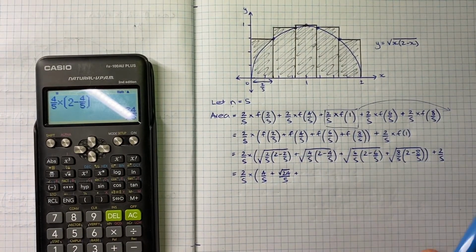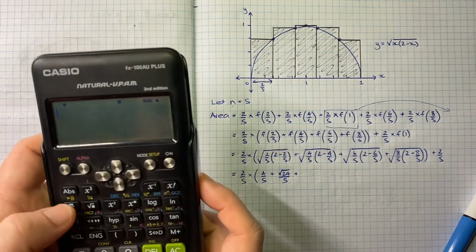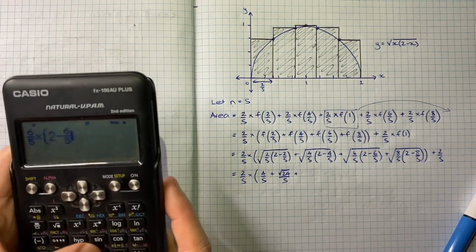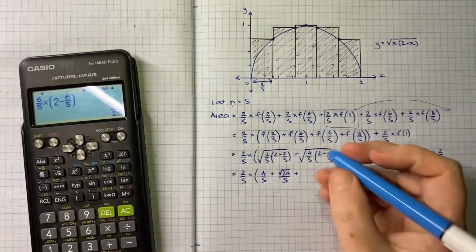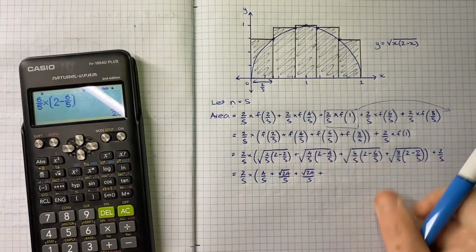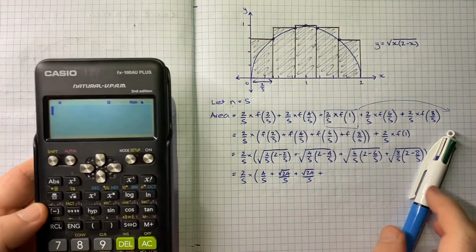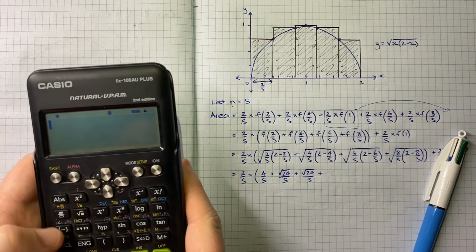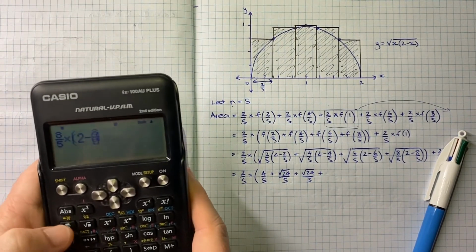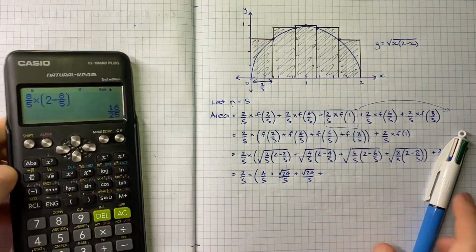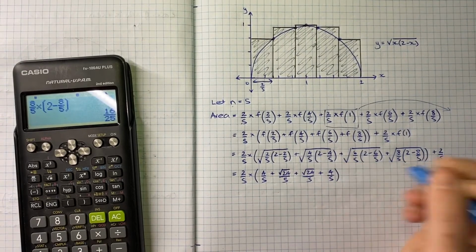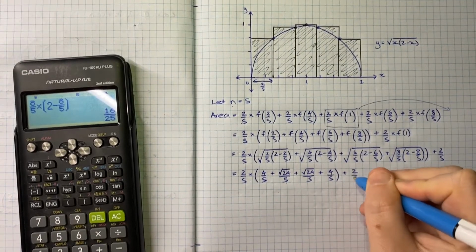Now we should get symmetry, so let's double check. 6 on 5 times (2 minus 6 on 5), yep, square root of 24 on 5, plus 8 on 5 times (2 minus 8 on 5). That's the square root of 16 on 25, which would be 4 on 5. And then plus the 2 on 5 at the end.